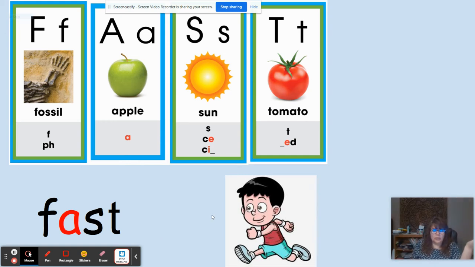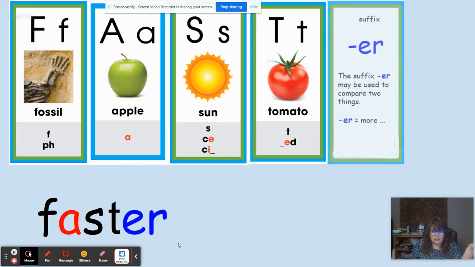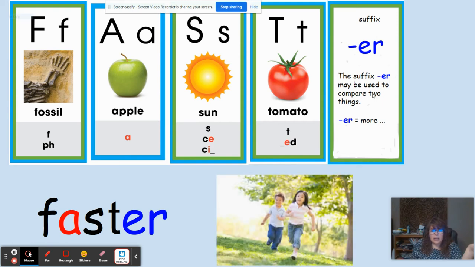So we're going to add the suffix er, which means more. Like it's comparing two. So the girl is faster than the boy. That means she runs more fast than he does. So faster compares two people or two things. Faster.